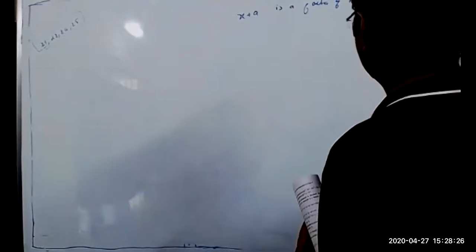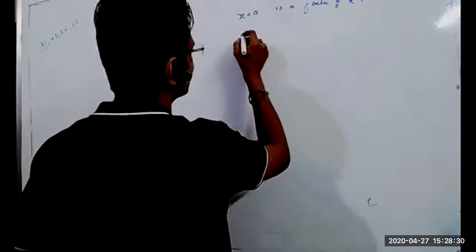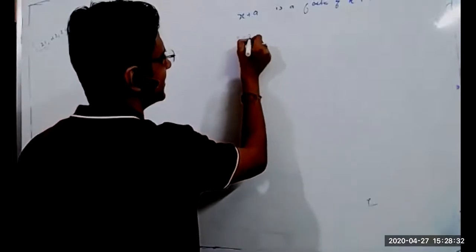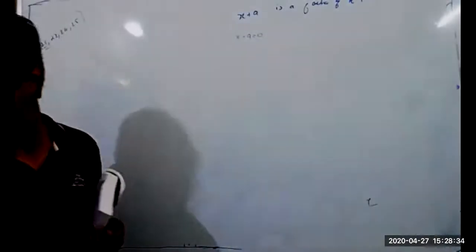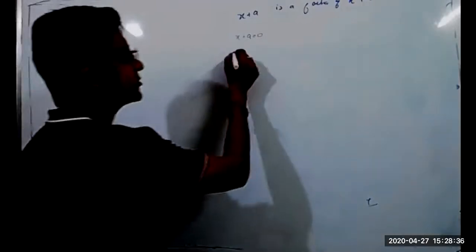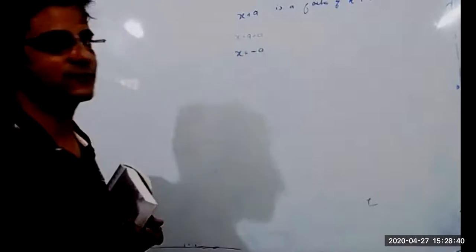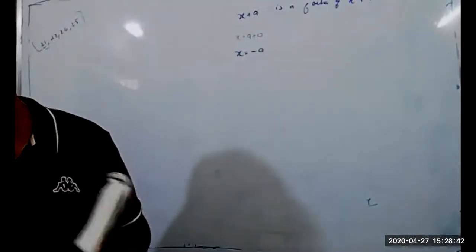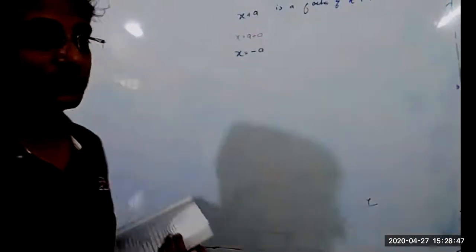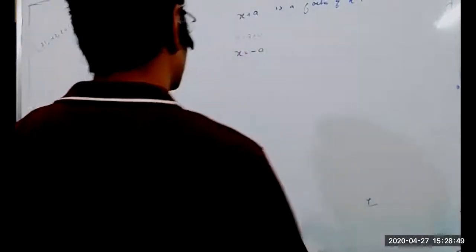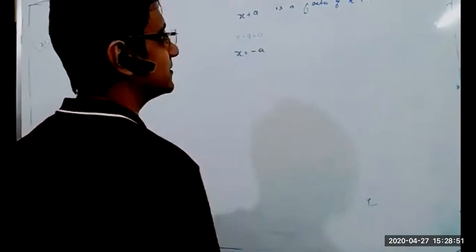Sir, by factor theorem. By factor theorem. So in every question you are doing the same thing. Since a has come, you got confused. x plus a equals 0. Correct? Yes, sir. x equals minus a.